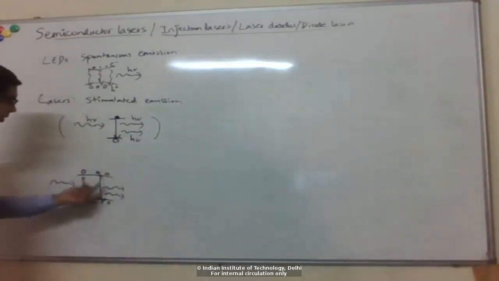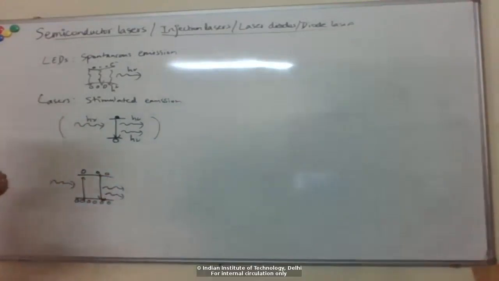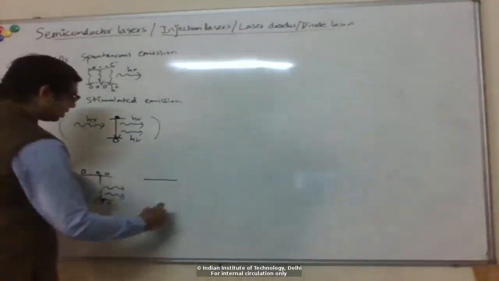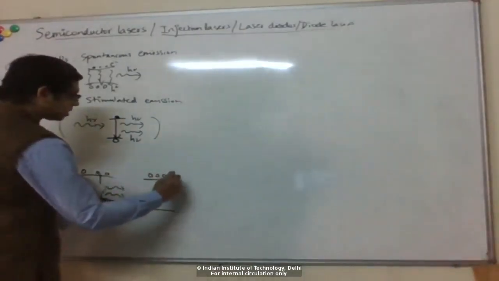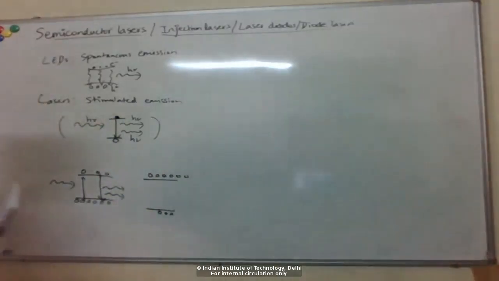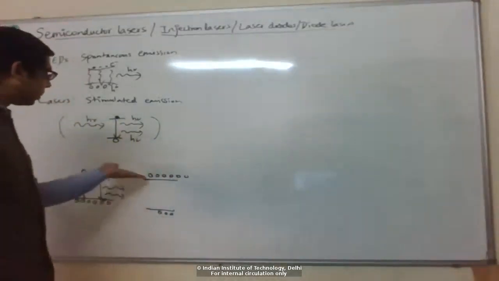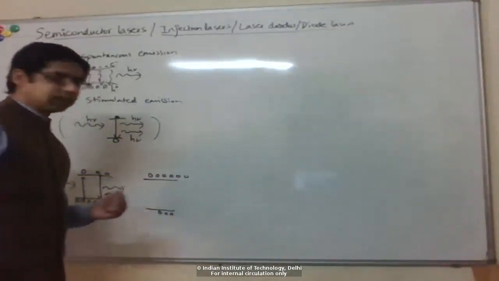And typically in thermal equilibrium, you have more atoms in the ground state, so that's why you have predominantly absorption, right? But if you could achieve a condition where you have more atoms in the excited state than in the ground state, this is known as population inversion. So you inverted the population so that there are more atoms in the excited state and fewer in the ground state.